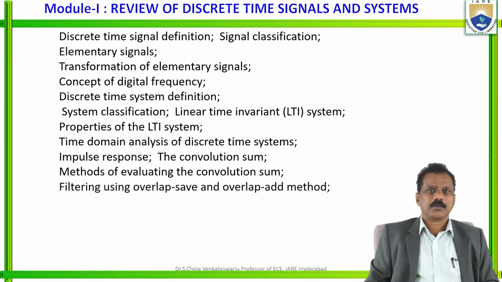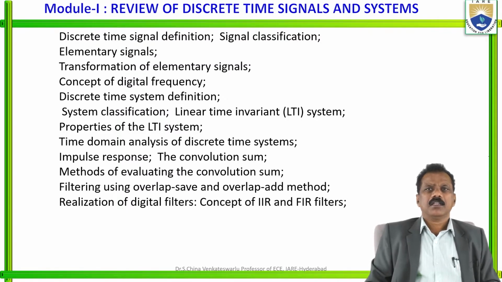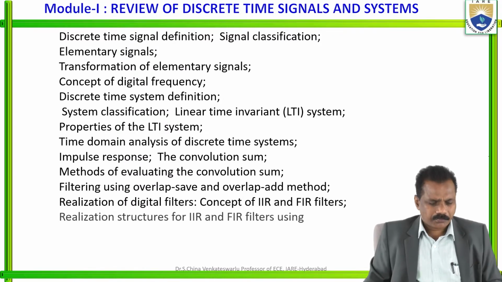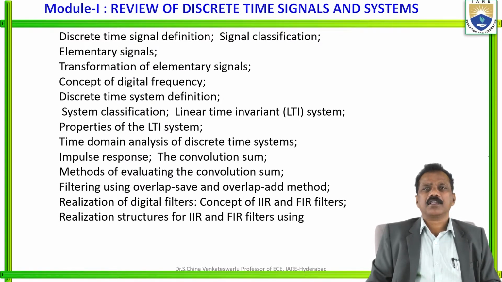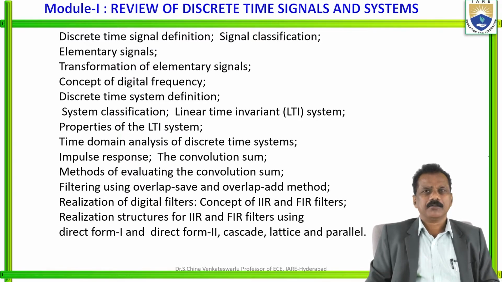Filtering using the overlap save and overlap add methods. After that, realization of digital filters. We know that digital filters are infinite impulse response, IIR, and finite impulse response, FIR filters. Then realization of structures for IIR and FIR filters using direct form 1, direct form 2, cascade, lattice, and parallel.